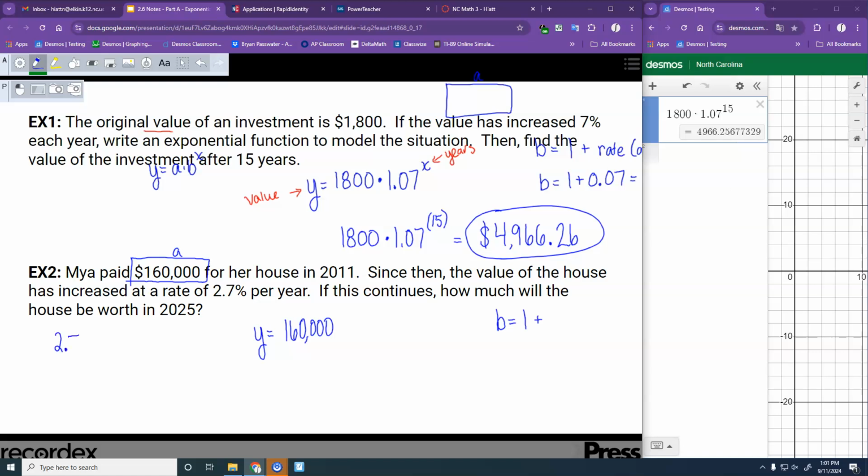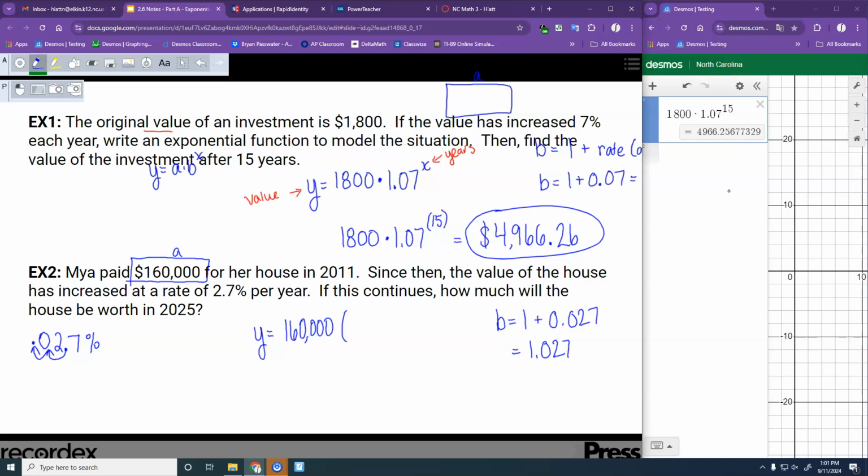So we got 2.7%. We need to change it to a decimal, so we're going to move that decimal 2 places to the left. We're going to fill in the open hole with a 0. So we got 0.027. That will give us 1.027 for our B value. So that is going to go right here.